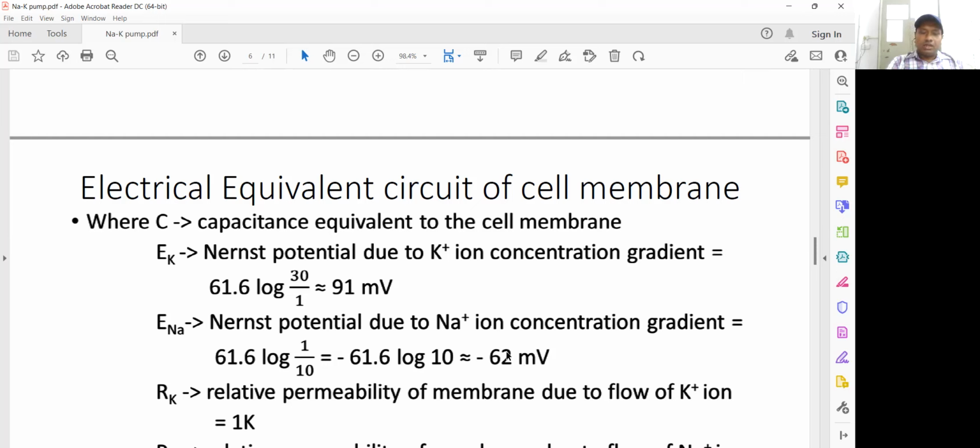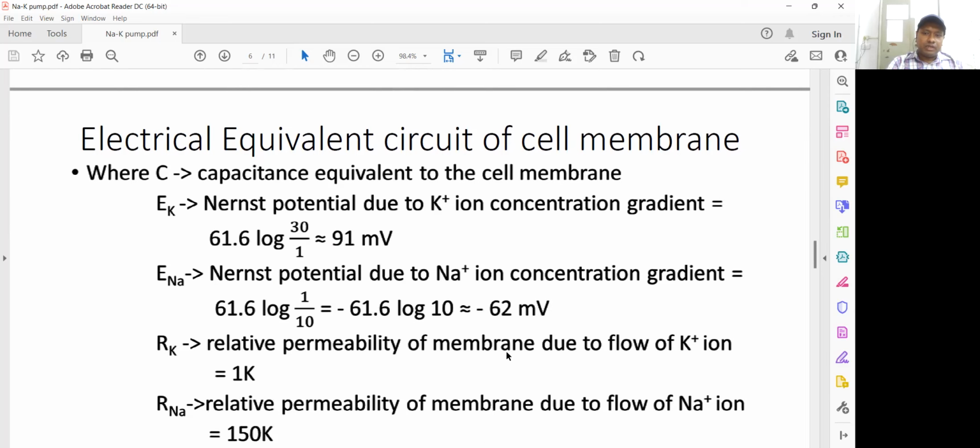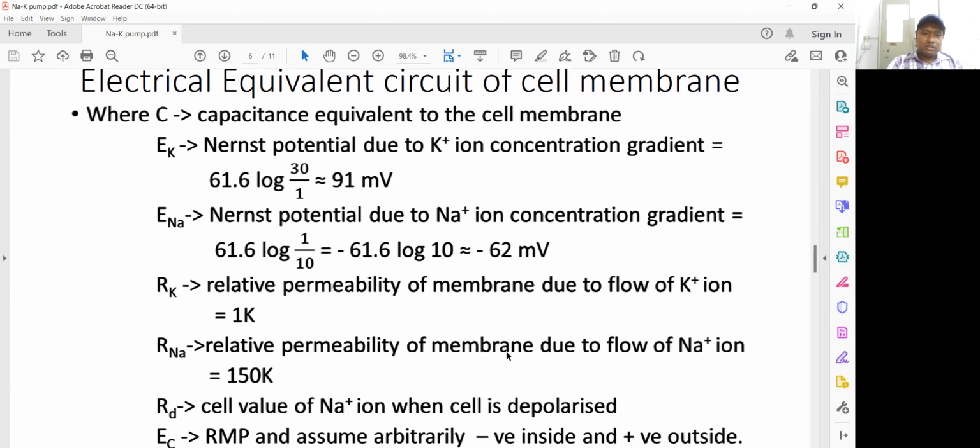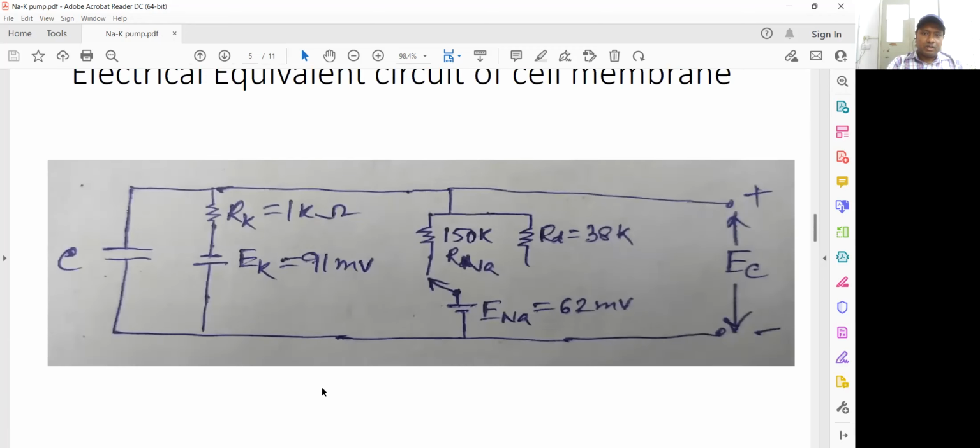Now RK is the relative permeability of the membrane due to the flow of potassium ion, which is equal to 1 kilo ohm. RNA is the relative permeability of the membrane due to the flow of sodium ion, which is 150 kilo ohm. And RD, there was some RD.